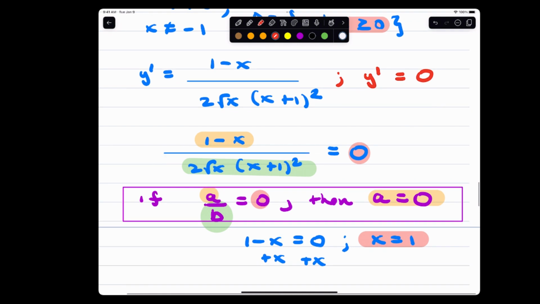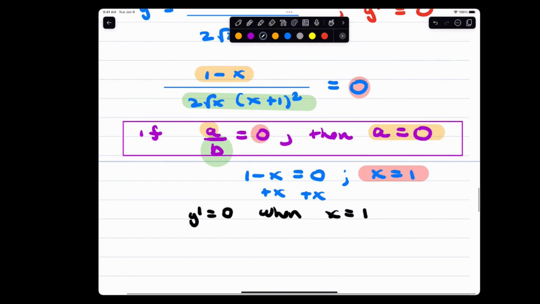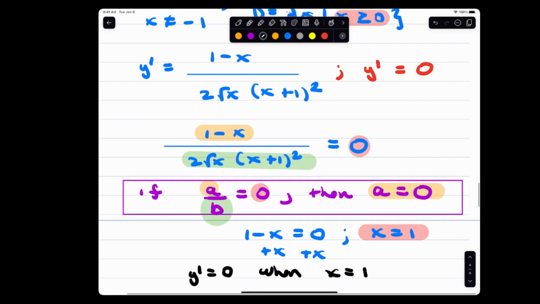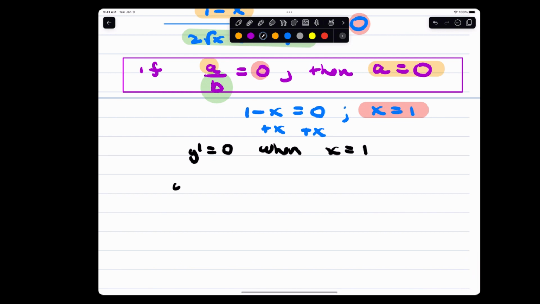Well, that's when your derivative equals 0. In other words, ladies and gentlemen, you might say, hey, the derivative of your function is 0 when x equals positive 1. Because you actually solved this equation, this fraction, you set the numerator to 0 and you found the value of x. Now, however, when they say, what's the location?